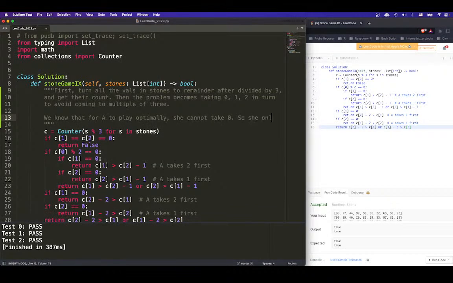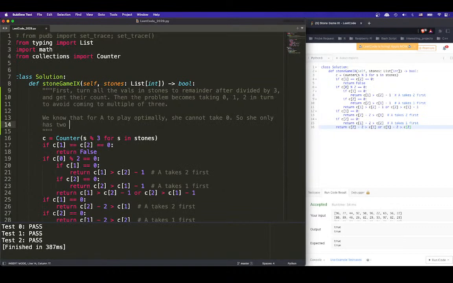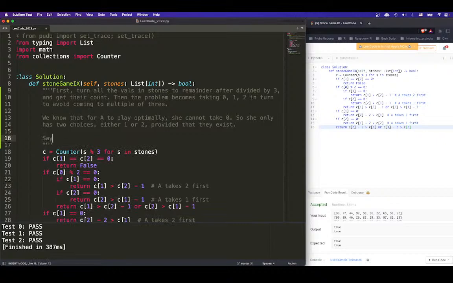So she only has 2 choices, either 1 or 2, provided that they exist, right? Say A takes, if there is no 1, right?